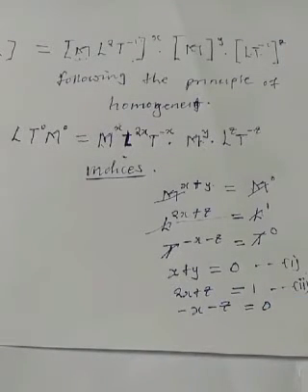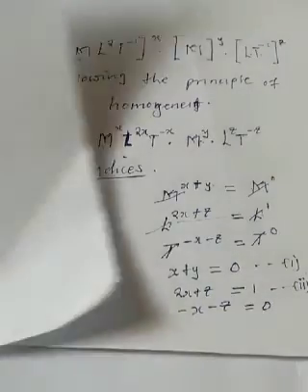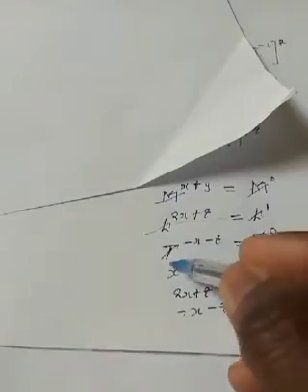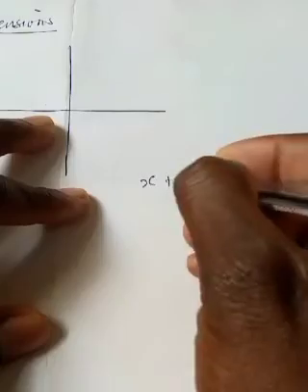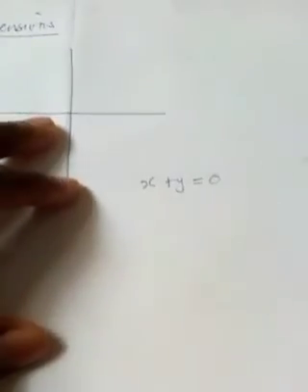Okay, so I'll just get a rough paper for me to finish up my solving. Here is where I'll write all these three equations. We have the first equation, which is x plus y equal to 0.